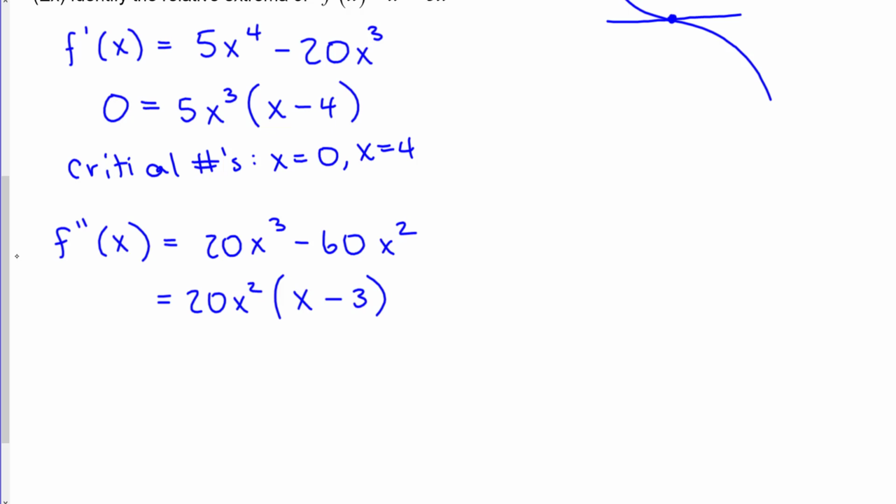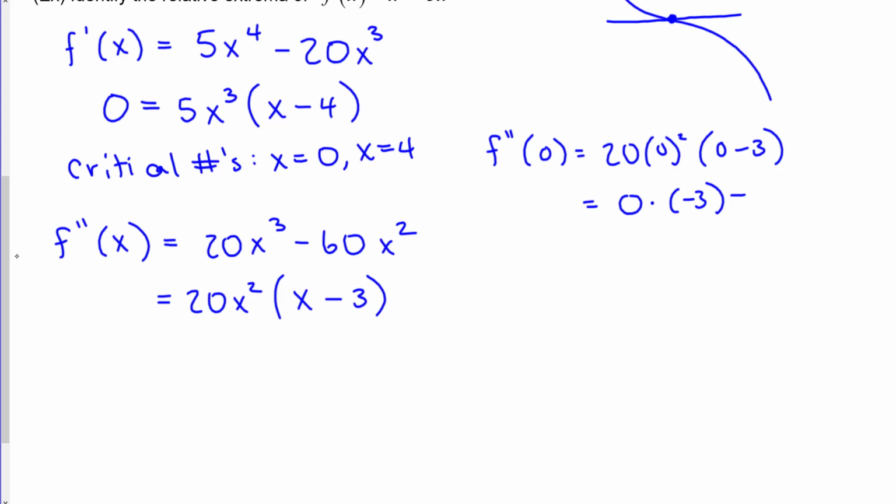If I take 0 and plug it into my second derivative, it's 20 times 0 squared times 0 minus 3, which is 0 times negative 3, which is 0. So there the test fails. We'll have to resort back to the first derivative test for it. But let's try out the next one.